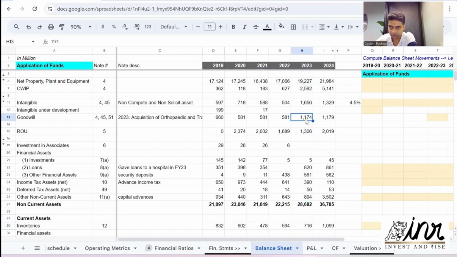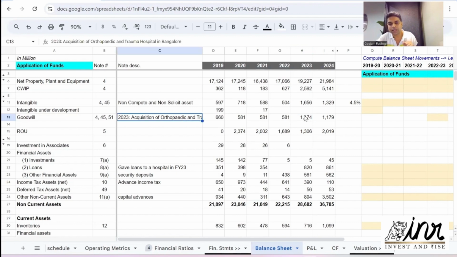What is goodwill? When a company acquires a business or an asset, and it overpays for that business or asset, the overpayment is called goodwill on the books of the acquirer. I repeat, when a company acquires a business or an asset and it overpays for that acquisition, the overpayment appears as an intangible asset called goodwill in the books of the acquirer.